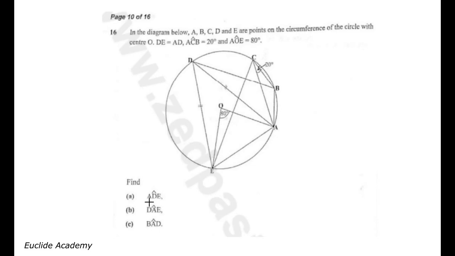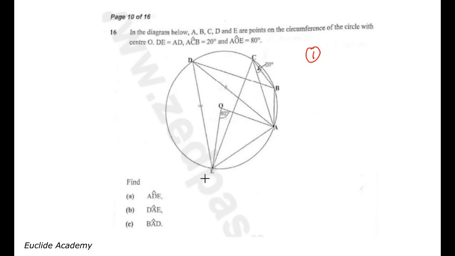So find ADE. We can use theorem number 1 for circle geometry, which we discussed. This theorem states that when it comes to circle geometry, an angle subtended at the center of the circle is equal to twice the angle subtended at the circumference.